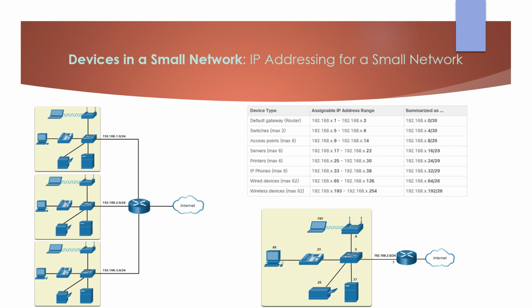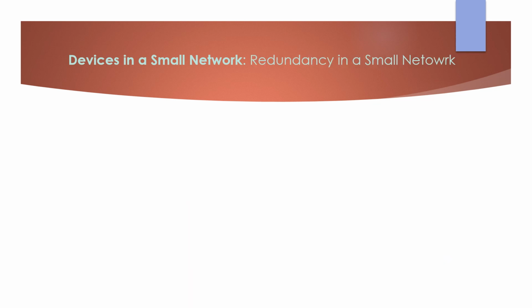Another important part of network design is reliability. Even small businesses often rely heavily on their network for business operation. A failure of the network can be very costly. In order to maintain a high degree of reliability, redundancy is required in the network design. Redundancy helps to eliminate single points of failure.